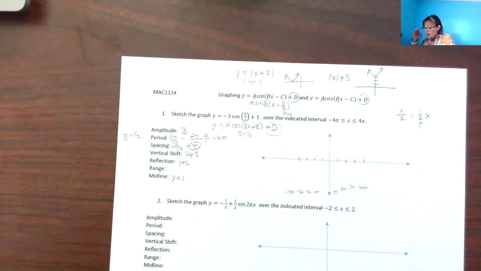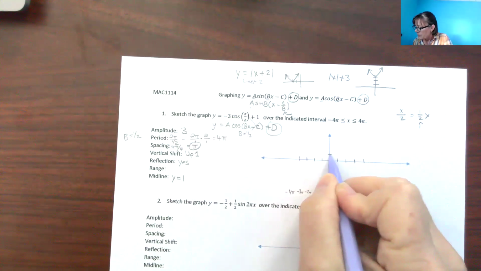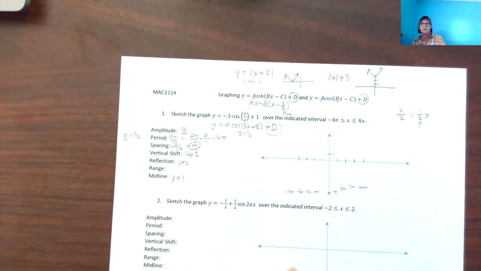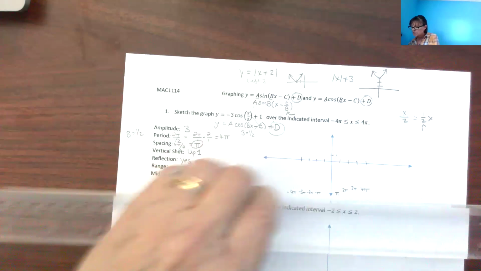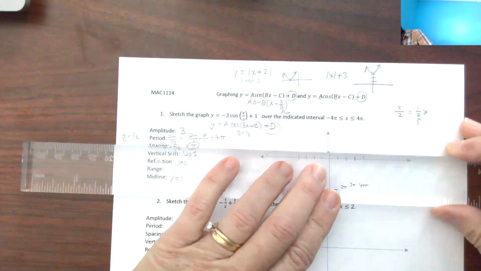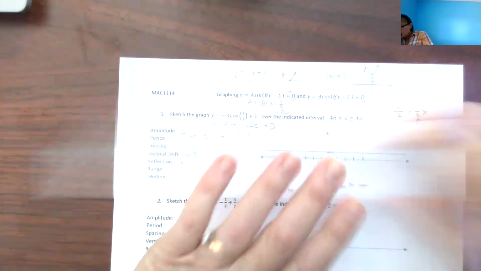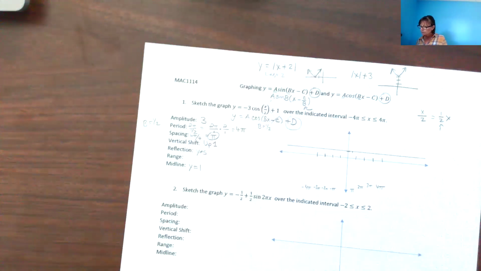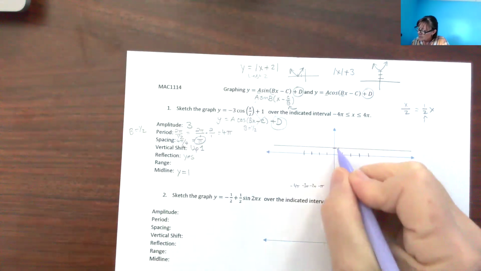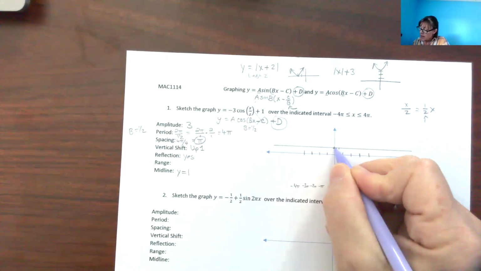All right, now the amplitude is 3, yes, but we've had this shift up 1. So what I'm going to do is go up to 1. This is 1, which is my new midline, and I'm going to draw a little line right there. This is where it's going to be the middle of my graph. So that means the amplitude is going to go up 3 and down 3 off of this line.